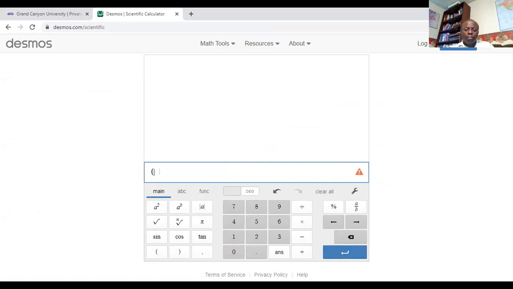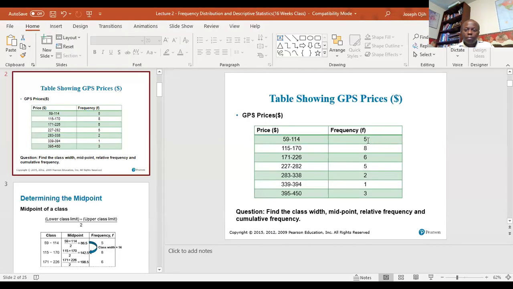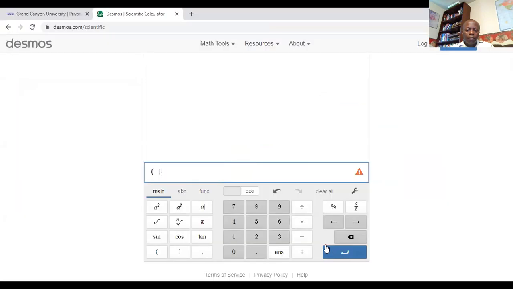The first frequency we have in our chart is 5. So we're going to do 5 plus 8 plus 6 plus 5 plus 2. Let me clear this.